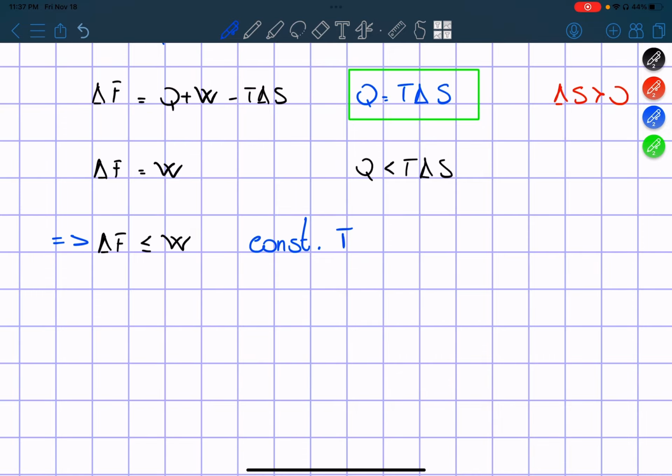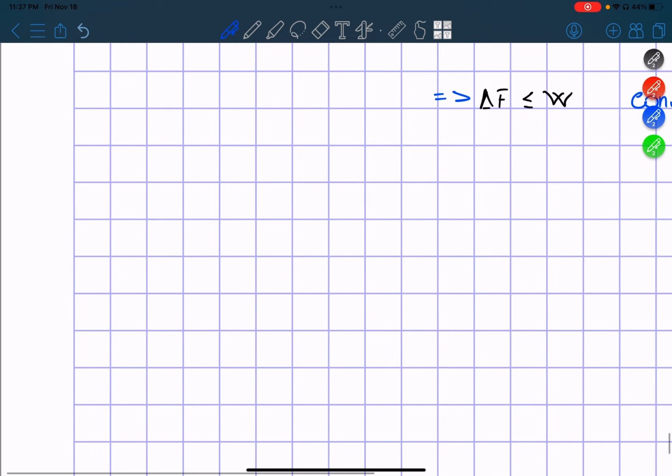This is pretty straightforward, and we can do the same process for delta G, or Gibbs free energy.